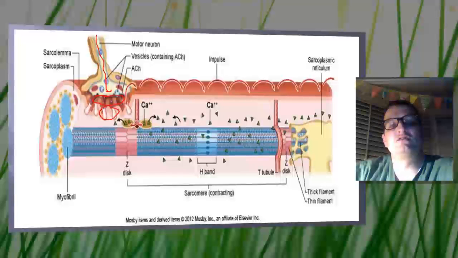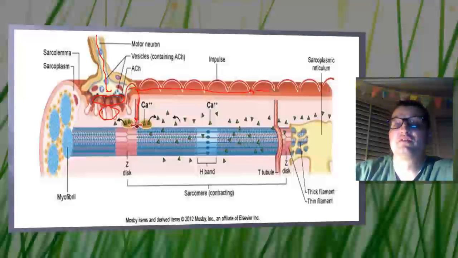That in turn stimulates an action potential, which then moves down the muscle fiber, but it also dives deep down through a T-tubule here, where it connects with the endoplasmic reticulum shown over here.